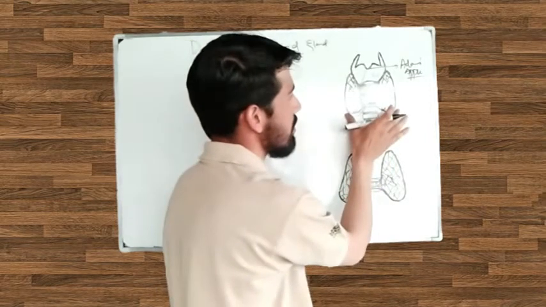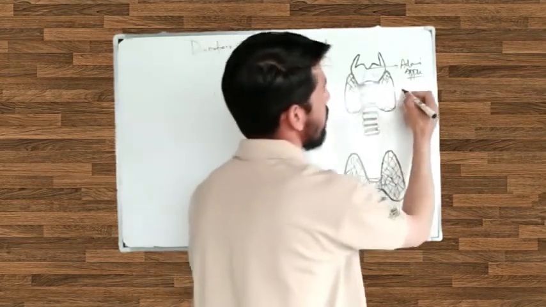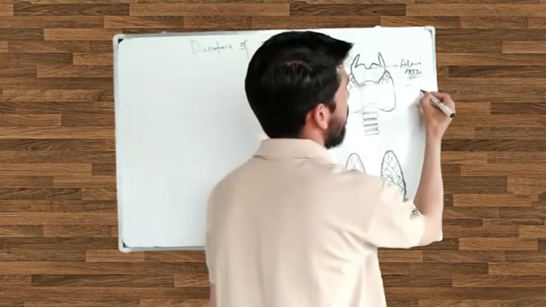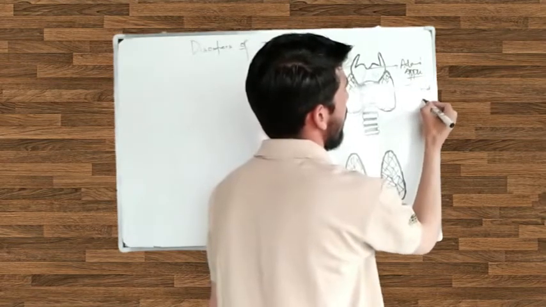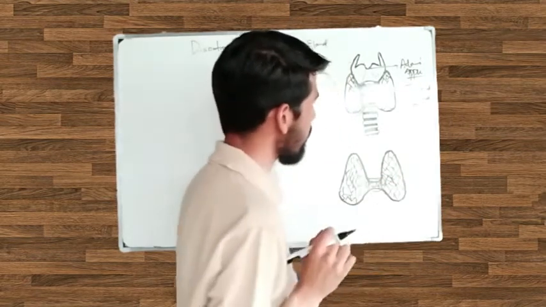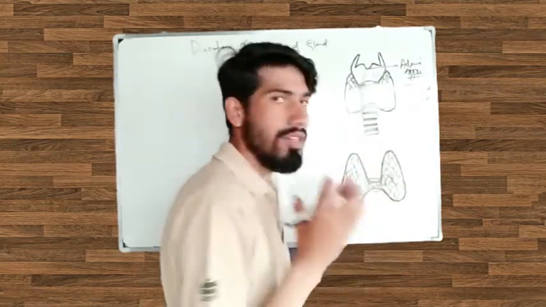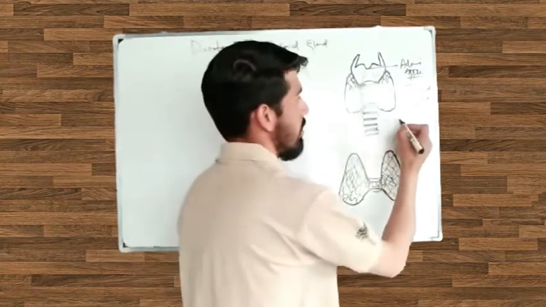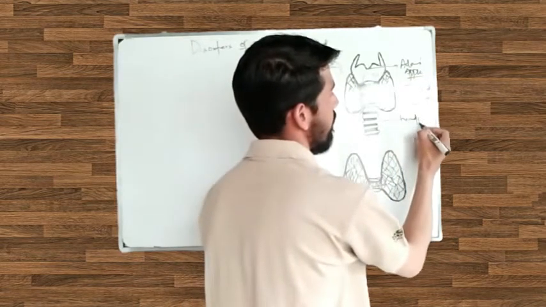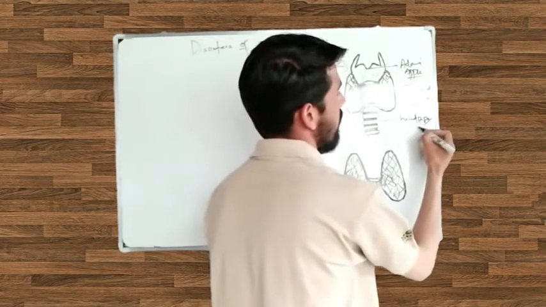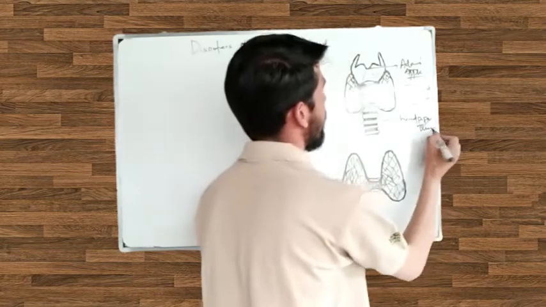This bilobed structure is called the thyroid gland. Here is another structure, the pipe-like structure. It's called the trachea, or windpipe.